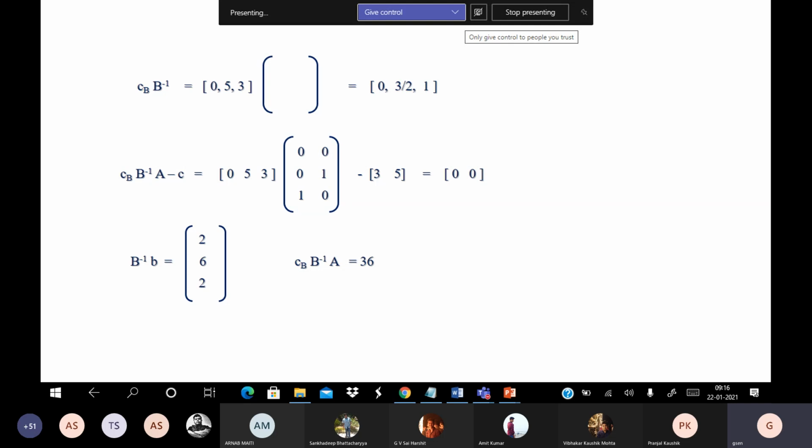So that means the coefficients of x4 and x5 are 3 by 2 and 1, which are positive for a maximization problem. So it is optimal, right? Did you get it or not?